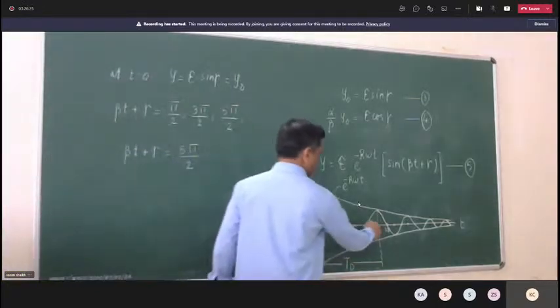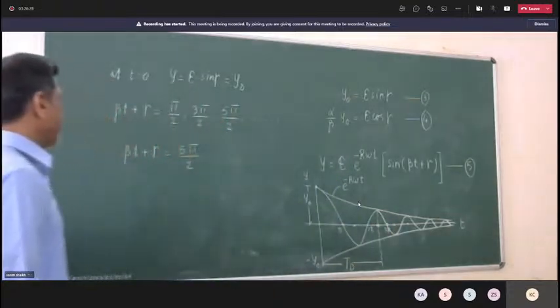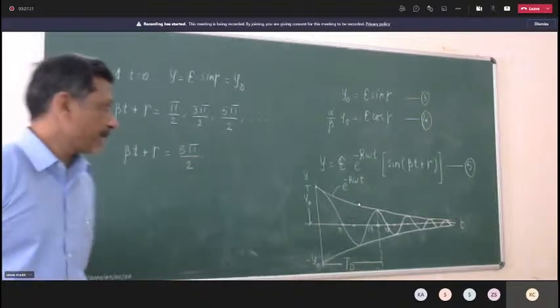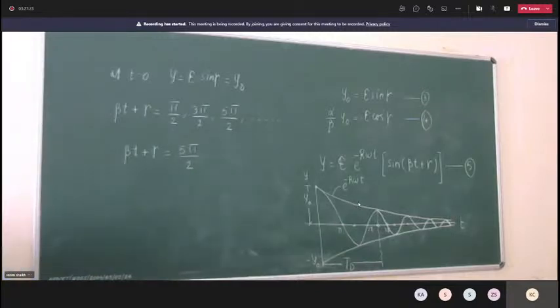At this point, 5 pi by 2. Are you getting some clue? How to prove that beta is omega d?